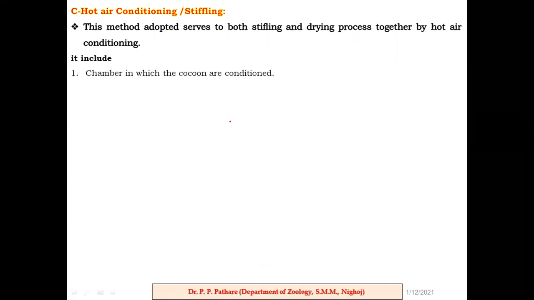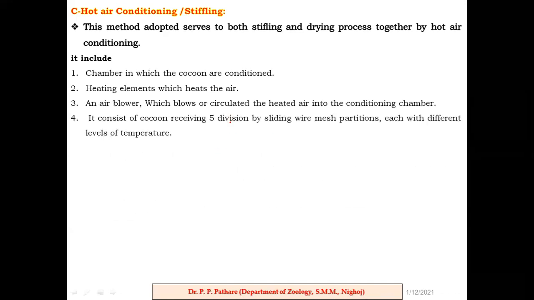It includes a chamber in which cocoons are conditioned or stored, a heating element which heats the air, and one type of boiler which will circulate the heated air inside the conditioner or chamber.